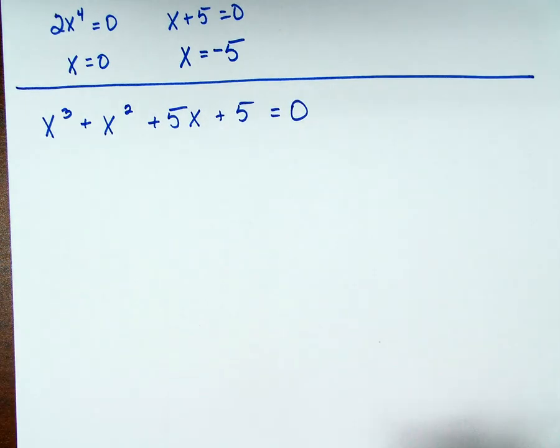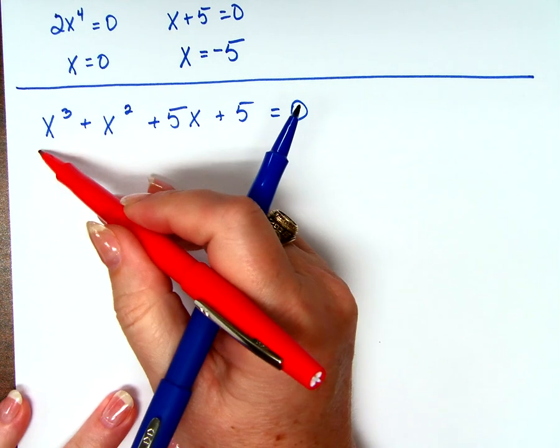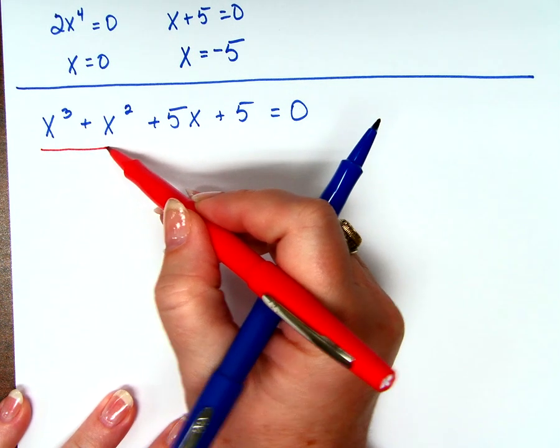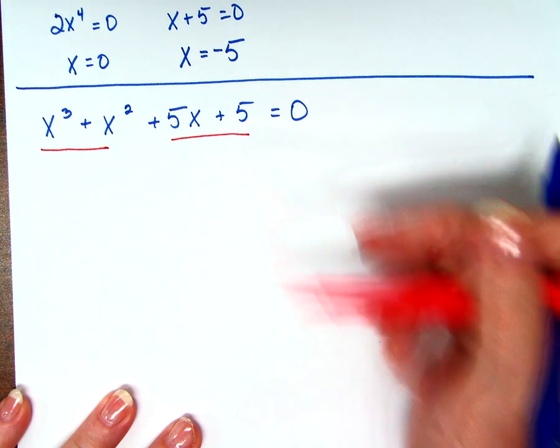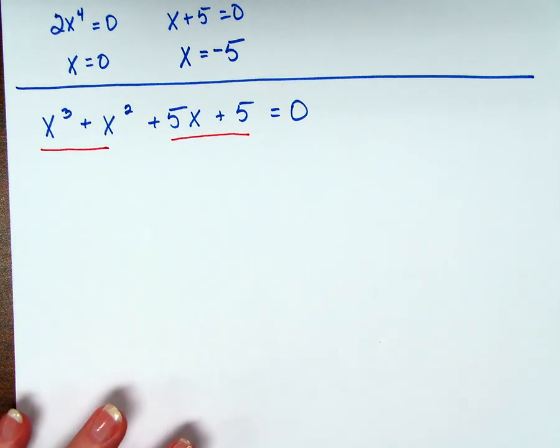We talked a little bit about factoring something like this in the last section, in section 1.5. But there's 4 terms, right? When there's 4 terms, how are we going to factor this? We're going to factor by grouping, right? We're going to look at the first 2 terms together, and we'll look at the last 2 terms together.